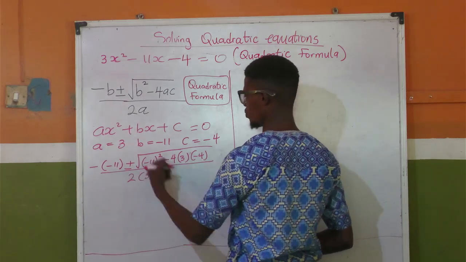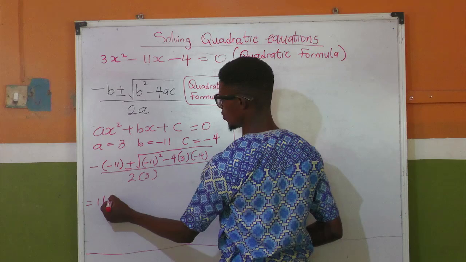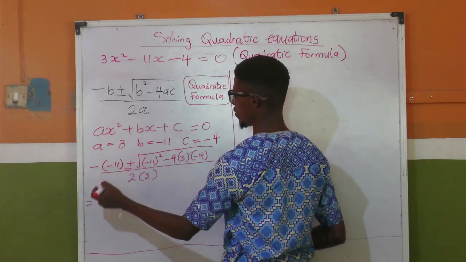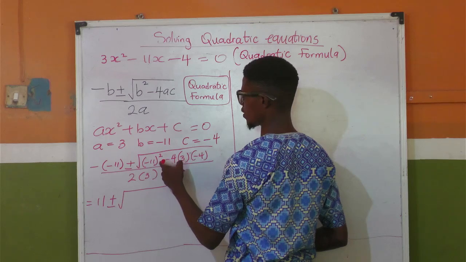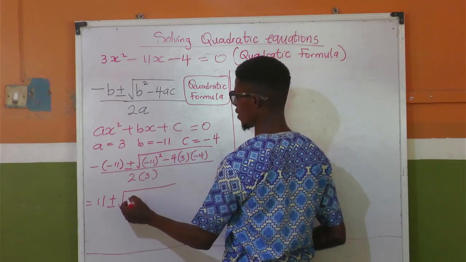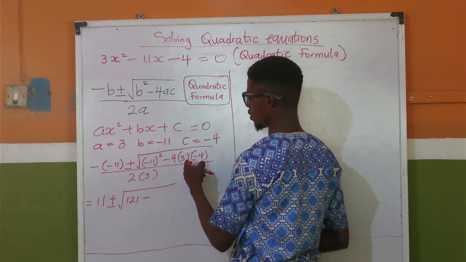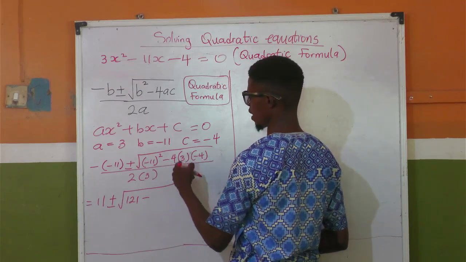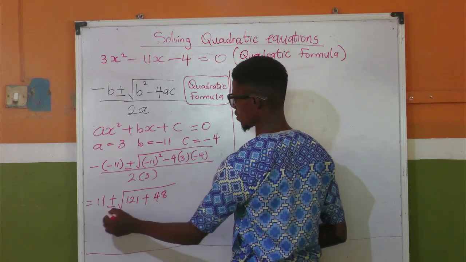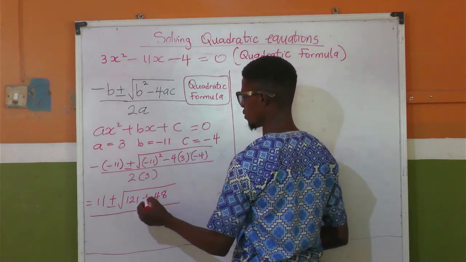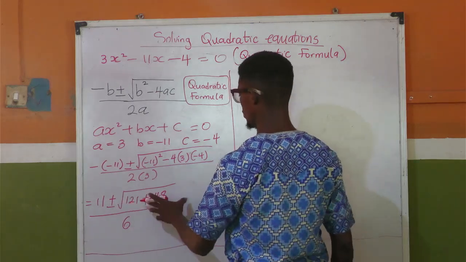So when you bring these all together, you have 11 plus or minus, because minus times minus gives you plus, the square root of minus 11 squared is 121, minus 4 times 3 is 12, 12 times 4 is 48, minus times minus will give us a plus. So this is plus 48 over 2 times 3, which is 6. So this is what we have so far.